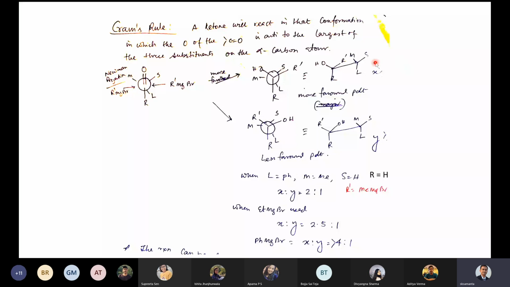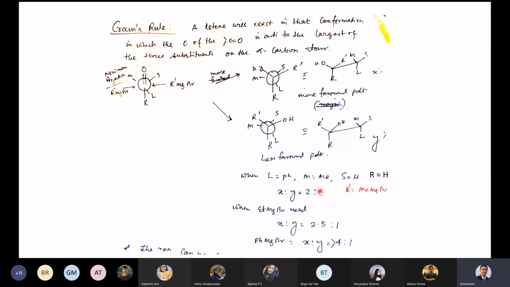When we take the largest group as phenyl, M as methyl, and S as hydrogen, and this R is also hydrogen, then it has been observed that if you take R prime, the Grignard reagent, as methyl magnesium bromide, then the difference, that is the distinction between Si face and Re face attack, is becoming 2:1.